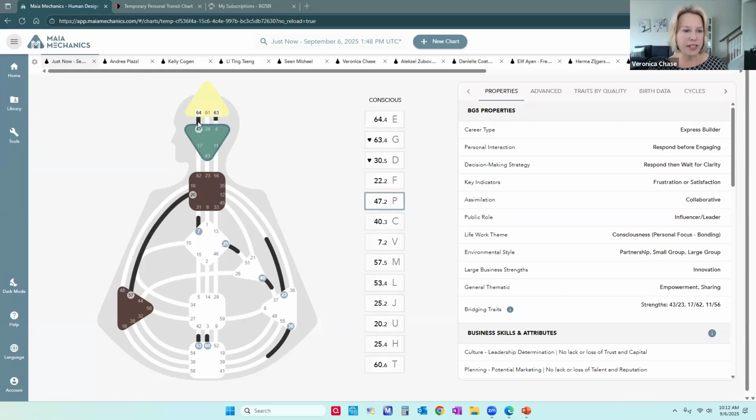The 6447 is also active as a strength, and that is about the experiential process, right? So again, this processing, there's just this combination of wanting to figure things out and solve things, but you may not be able to, because there is also this cycle aspect.